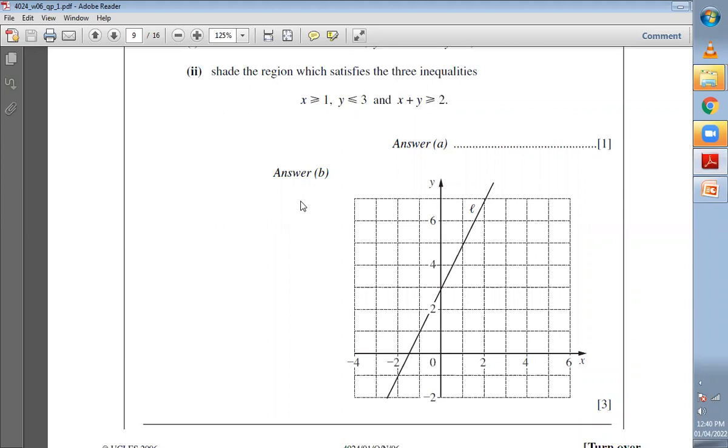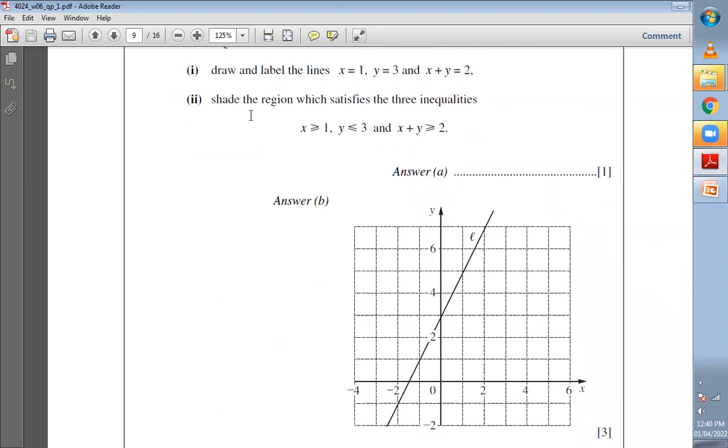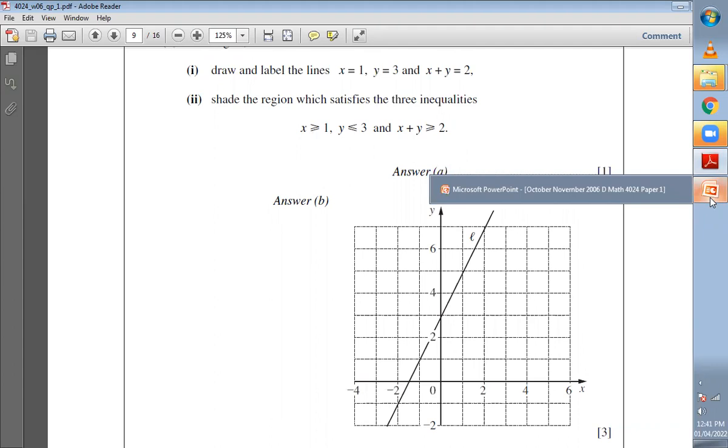Then the question is, they say, shade the region which satisfies the three inequalities: x greater than 1, y less than 3, and x plus y greater than 2.